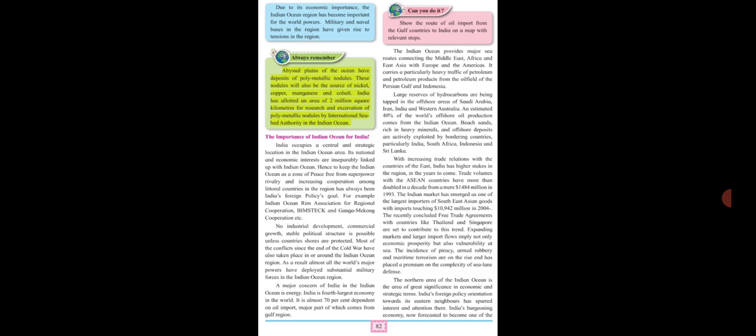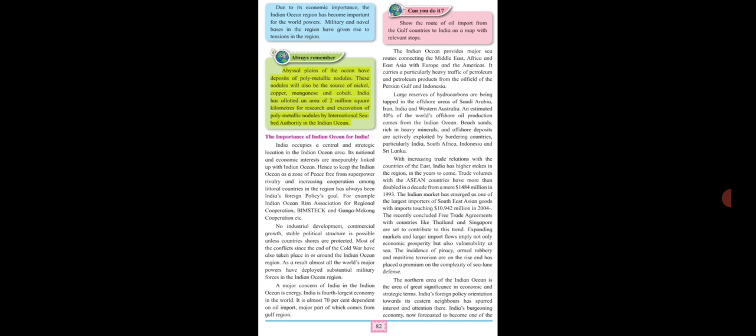Hence, to keep the Indian Ocean as a zone of peace, free from superpower rivalry. Superpower, I mean, there are some countries in the world which are great superpowers, and there is some rivalry happening between many strong countries nowadays. So increasing cooperation among littoral countries in the region has always been India's foreign policy goal.